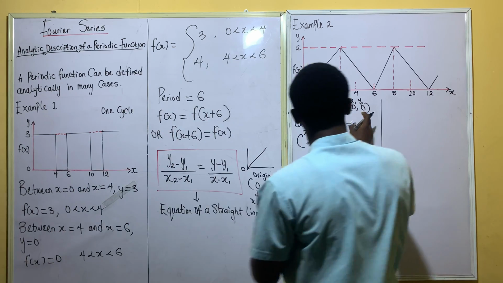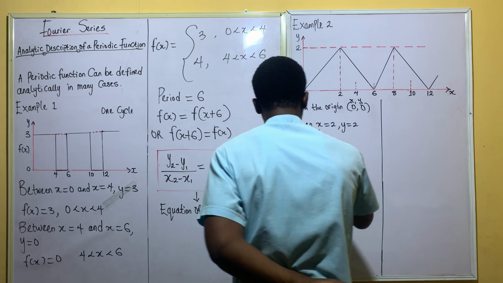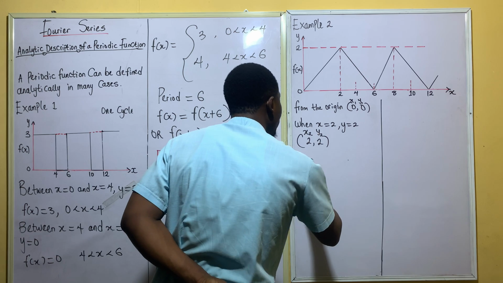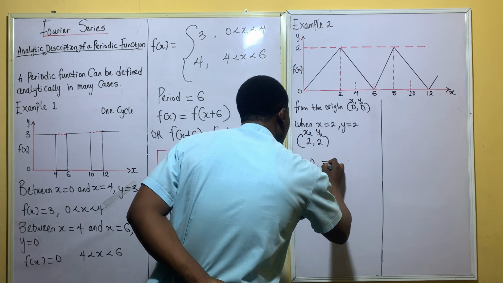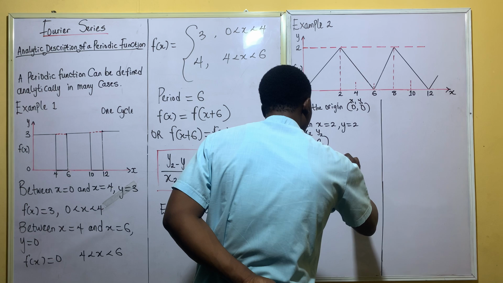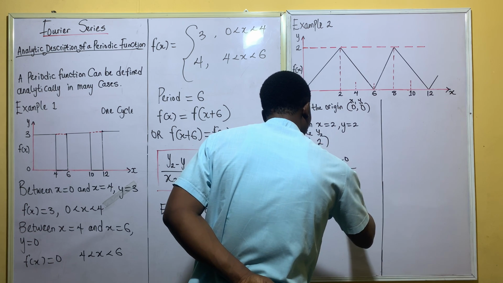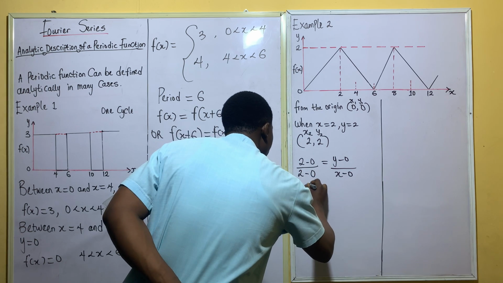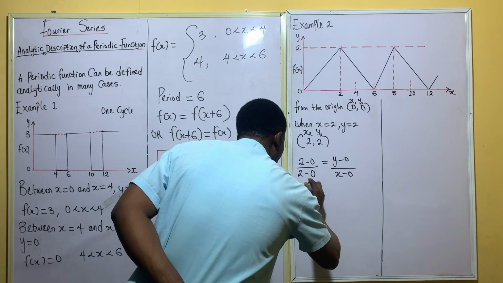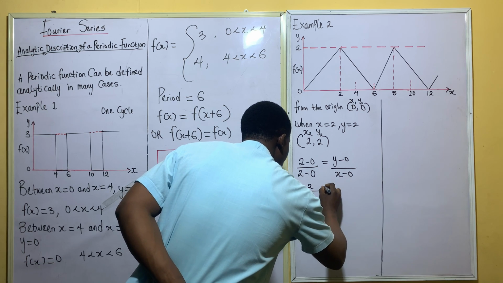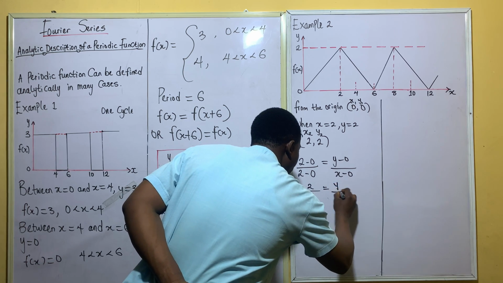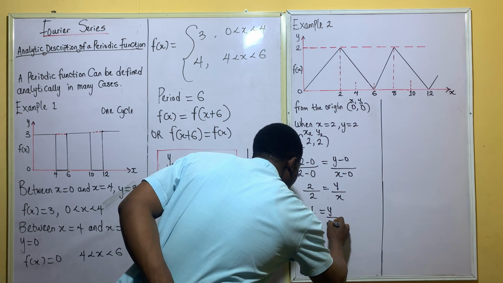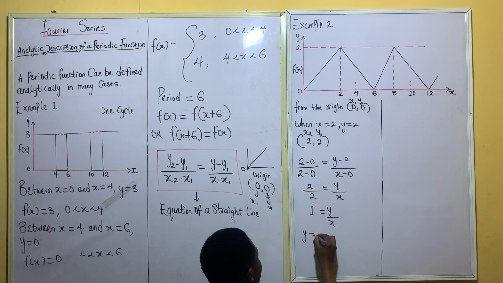Putting all this into this formula, it becomes y2 minus y1, that's 2 minus 0, over x2 minus x1, that's 2 minus 0, is equal to y minus y1, that's y minus 0, over x minus x1, which is also 0. So 2 minus 0 gives us 2, over 2 minus 0, also 2. This is equal to y minus 0, of course, is y, over x minus 0 is x. 2 divided by 2 gives us 1 is equal to y over x. Cross multiply, we're going to have y is equal to x.